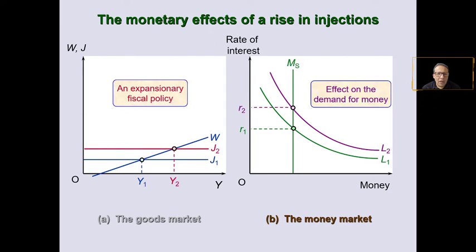Here in panel A we have the goods market. The goods market is depicted by the line J, which is injections, and the curve W, which is withdrawals. On the y-axis, we have the level of withdrawals or injections, and on the x-axis, the level of national income.